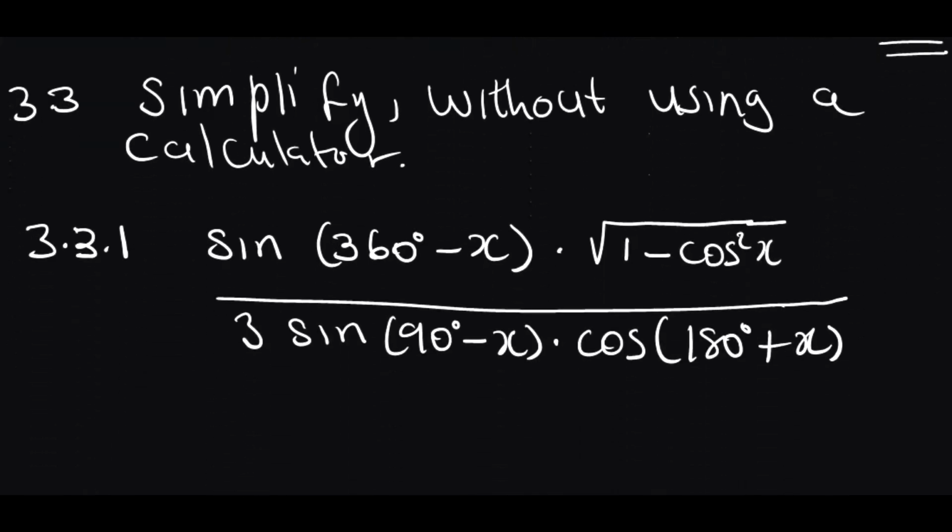3.2. Without using a calculator, we need to simplify the following. Oh, it's 3.3 now. We are doing 3.3. Right. 3.3.1. Sine of 360 degrees minus x is in the fourth quadrant where sine is negative.